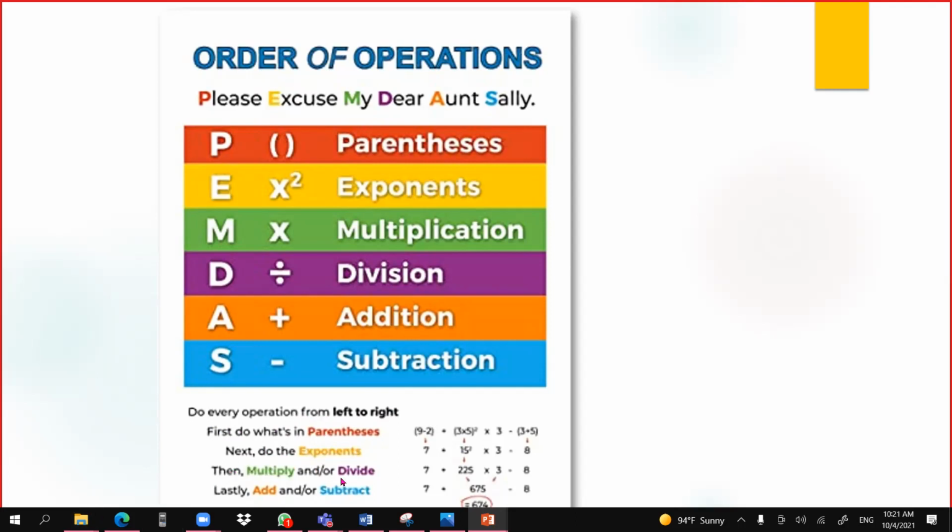If you have multiply and divide on the same line, just start from left to right. Then lastly, add or subtract. If you have add or subtract on the same line, start from the left. So remember, Please Excuse My Dear Aunt Sally.